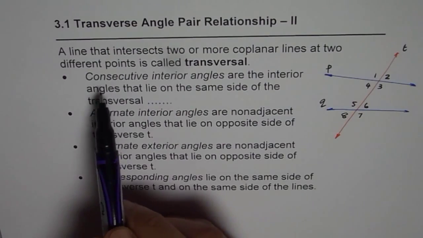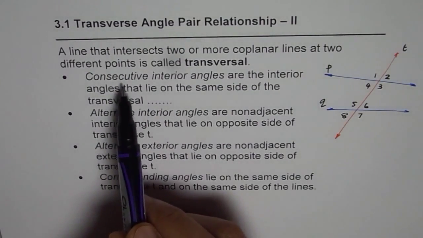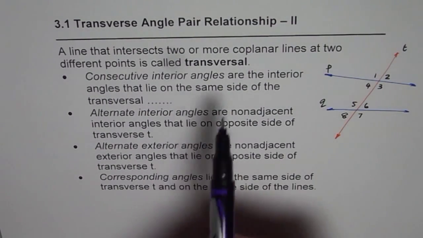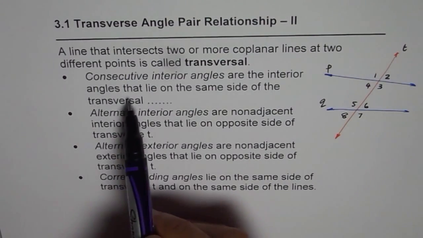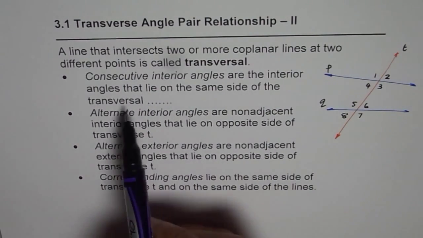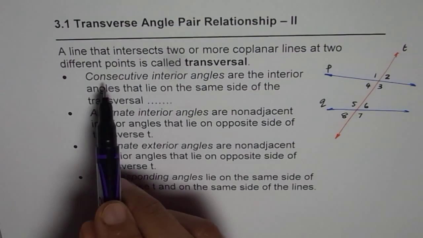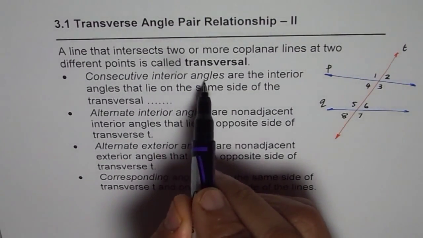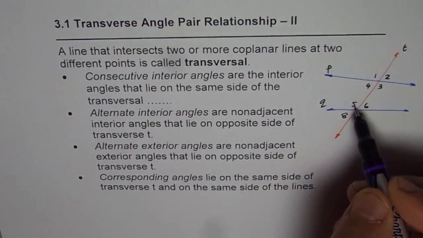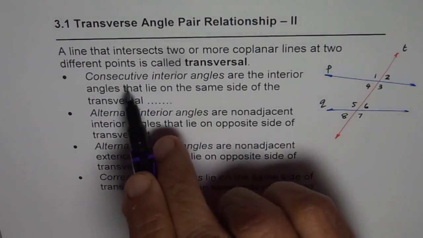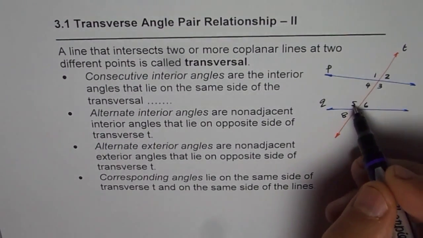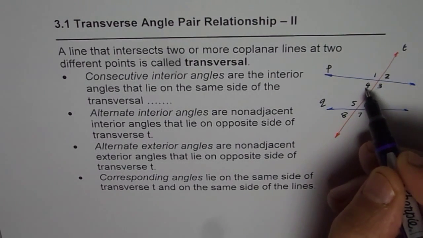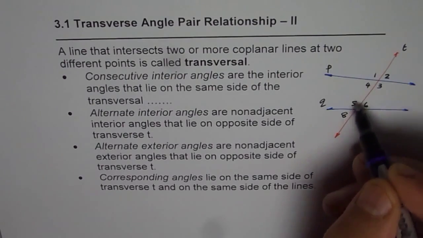The first term here is consecutive interior angles. They are the interior angles that lie on the same side of the transversal. Consecutive interior means inside, and consecutive means same side, right? So the angles which are on the same side are 4 and 5.